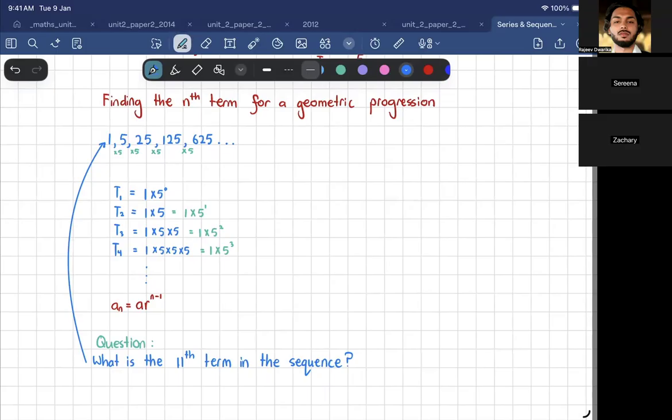Nah, sir. Now, if I ask you to find the 100th term, would you keep multiplying by 5? No, sir. That doesn't make sense.